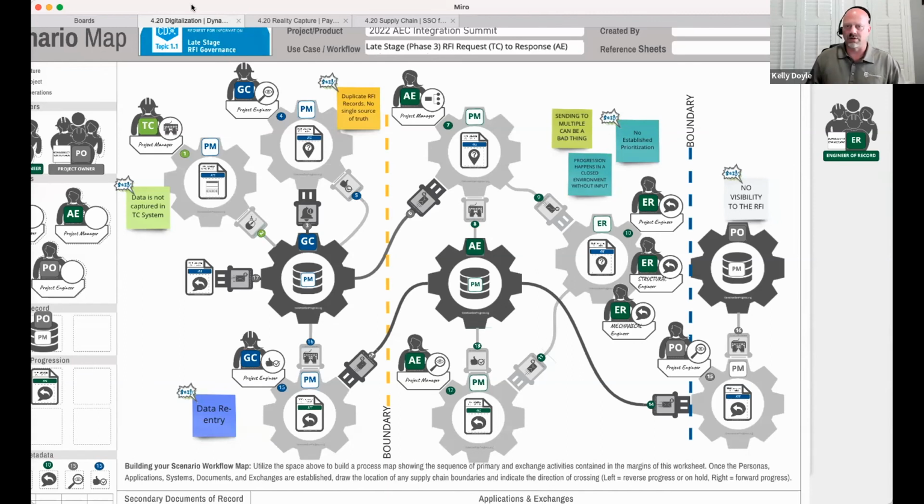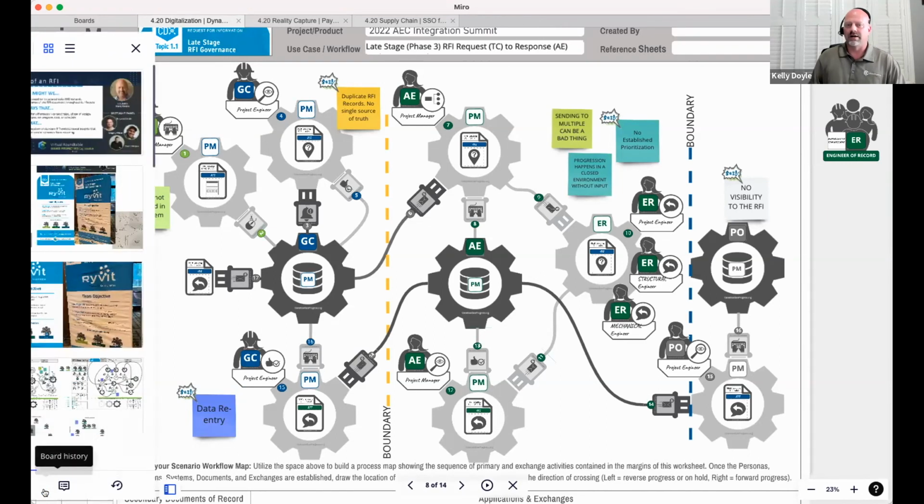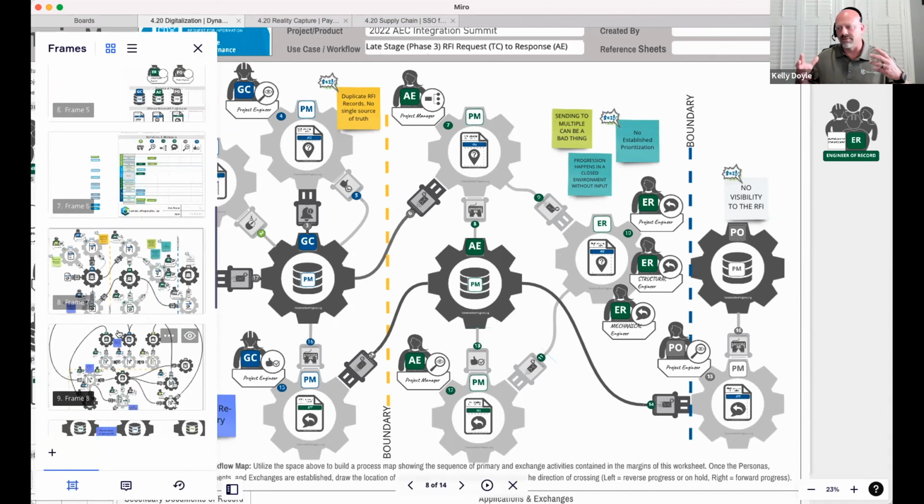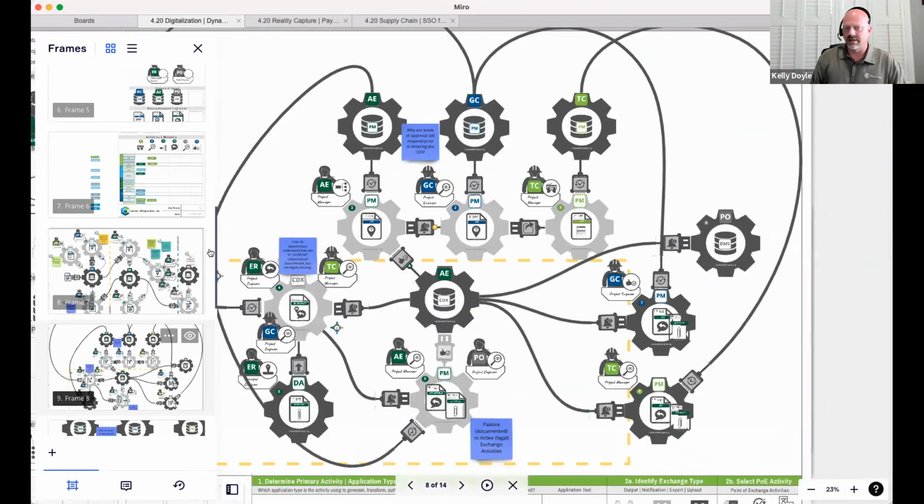It's increasing the complexity for everybody because you're already taking a complicated process, and every time you pass it back and forth between folks, you're increasing the complexity because of all the relationships between the people, the systems, and the technology that they're using. So we really drove towards the desired future end state, which is more collaborative. What we're trying to do is help folks see that if we can bring folks together within the context of that RFI, right?